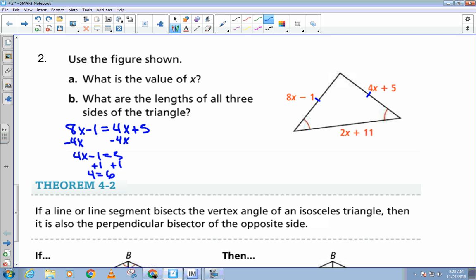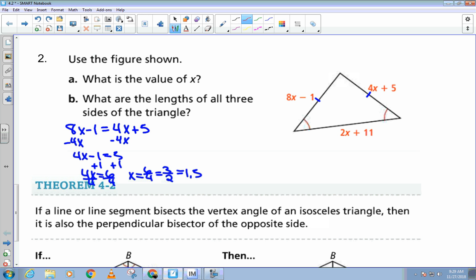So I get 4x equals 6. Divide both sides by 4, and x is 6/4, which reduces to 3/2, right? You could also use 1.5 like your calculator.